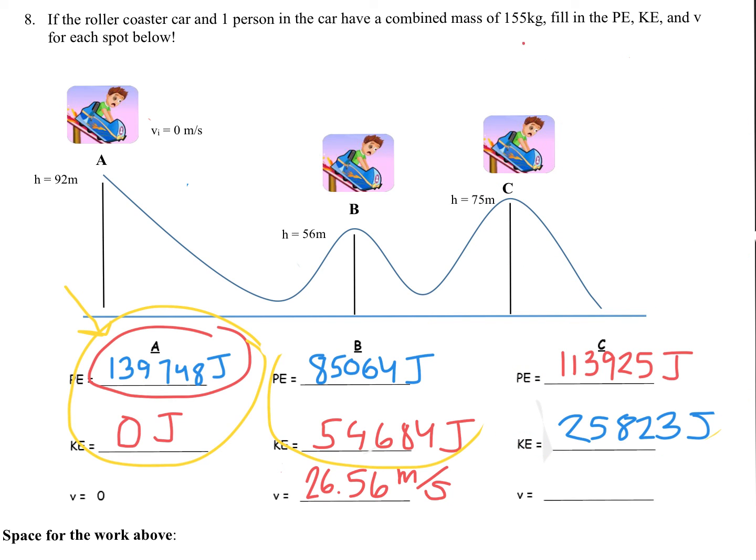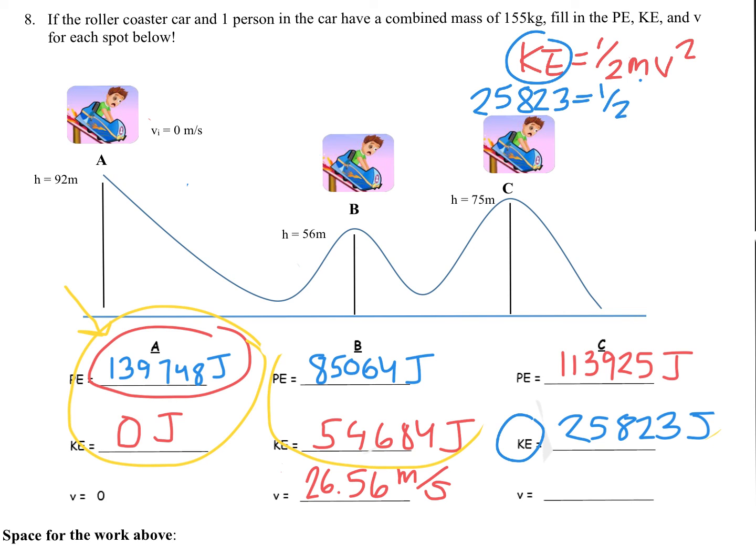To find the velocity, we know that we are going to have to look into the kinetic energy equation. But we have velocity in that equation, so we should be good. That means we just have to plug in now. Our kinetic energy, which is right here, is 25,823. We know we're going to put 1/2 times the mass. The mass of everything has been 155 this whole time. And we're going to do the velocity squared.